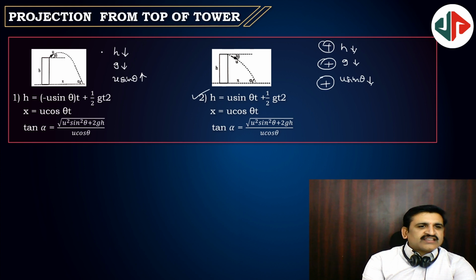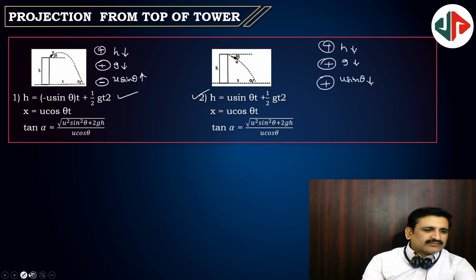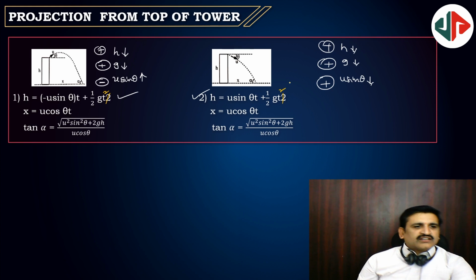In this case, if you give plus for this one and this one, you have to give minus sign for it, so this equation will come. Hope you understand. That is not gt2, that is gt square. Next, x is equal to u cos theta into t, which is the normal thing, and the tan alpha values are so.